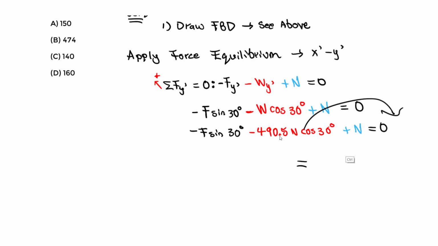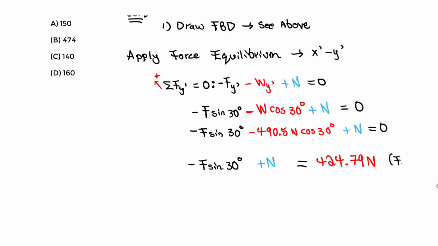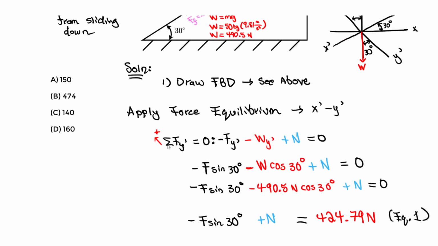If you do the math for this value, we get about 424.79 newtons, and I'll just leave everything else on the left, so it's going to be this plus n, and then we leave this, minus F sine of 30 degrees. So we're going to say this is equation 1 for force equilibrium along the y prime. I'll call it equation 1. And we'll use this and combine equations at the end.